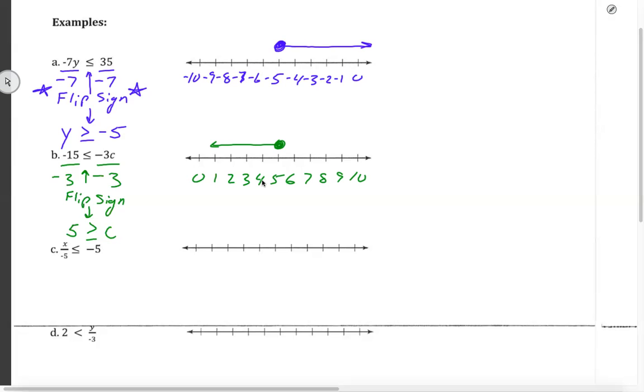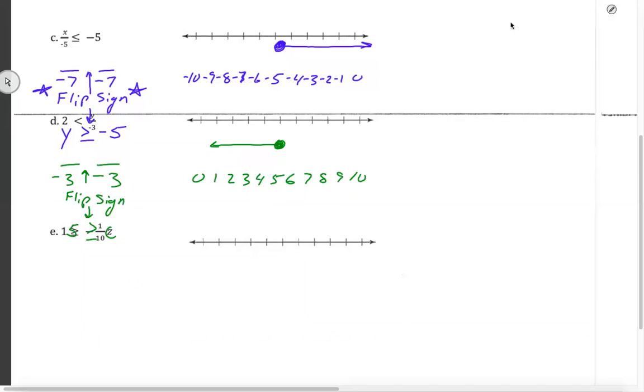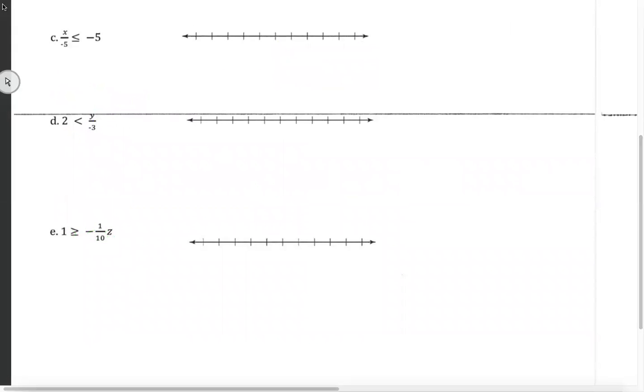Mike, can you hear me? Just a little bit, man. Mike, what am I going to divide by or multiply by in C? You're gonna multiply... Do you multiply the -5?